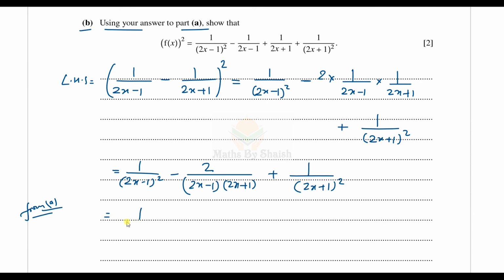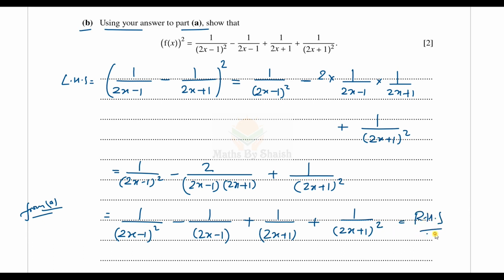So we'll rewrite it as 1 over (2x minus 1) whole square minus 1 over 2x minus 1, and minus into minus is plus 1 over 2x plus 1, and plus 1 over (2x plus 1) whole square. That is the right hand side, and hence showed.